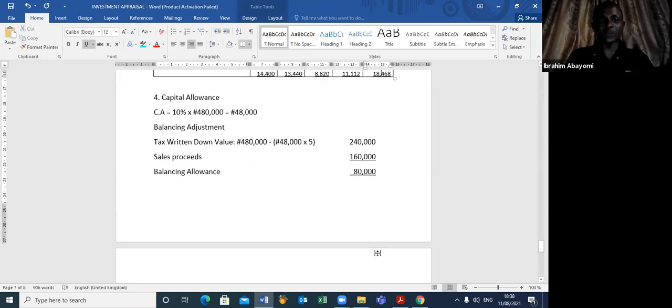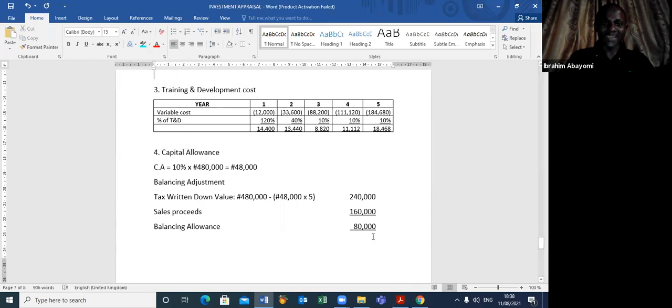The balancing allowance you have computed here will be added to 48,000 in year 5 because the asset will be sold in year 5. It is the year in which the asset will be sold that we are going to charge the balancing allowance or balancing charge. In this case, we have balancing allowance.